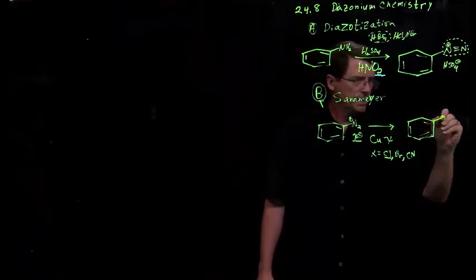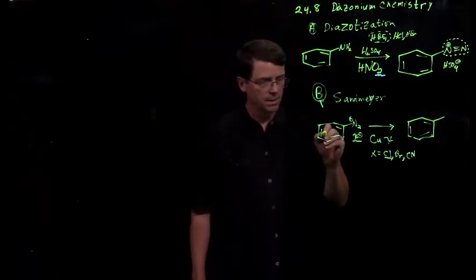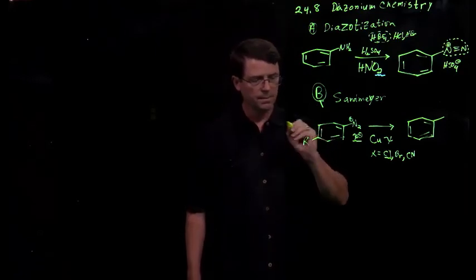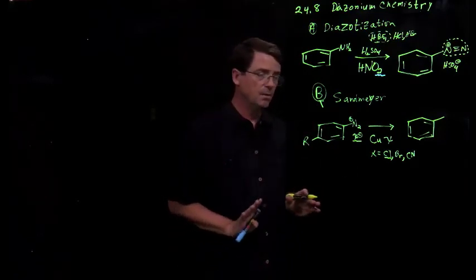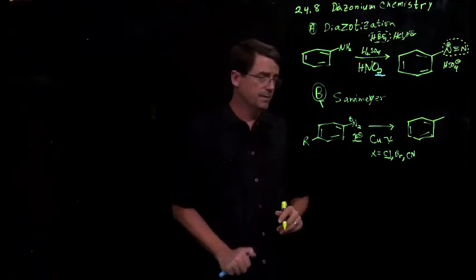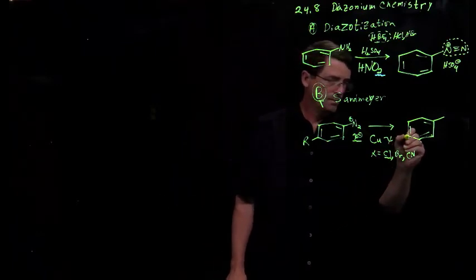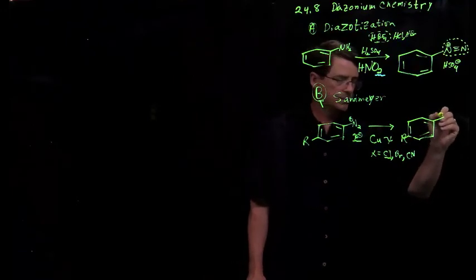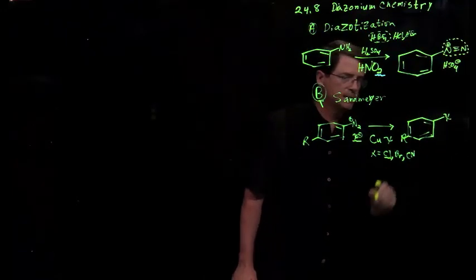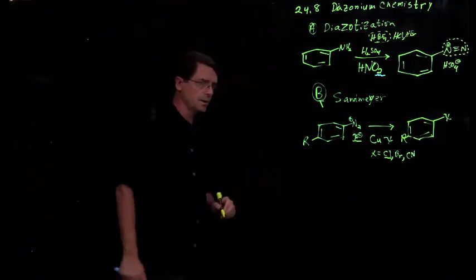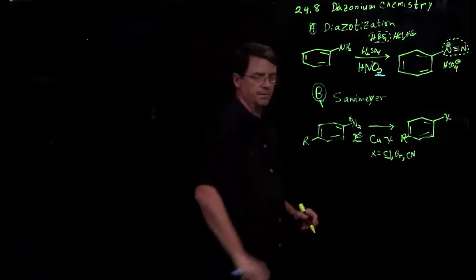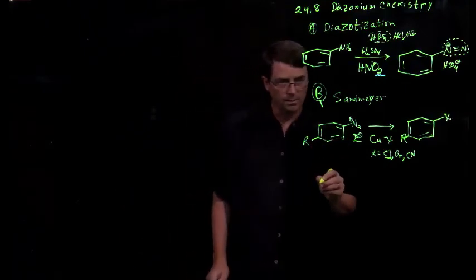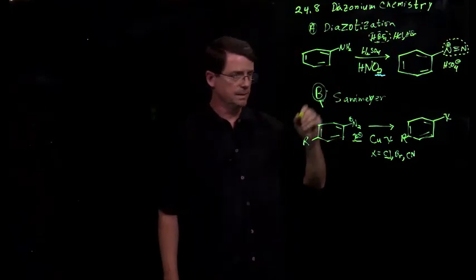And it goes in exactly the same place. So I'm going to put R here, but R can be all sorts of different kinds of substituents all over the place, almost all the things we've dealt with before, but just as a placeholder so you see that X ends up wherever we started this diazonium from.